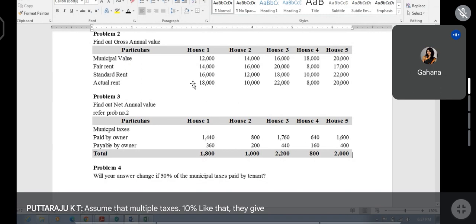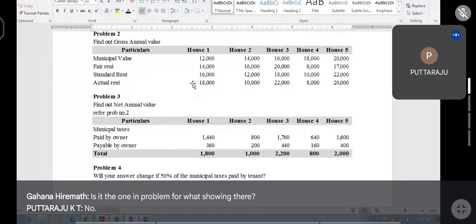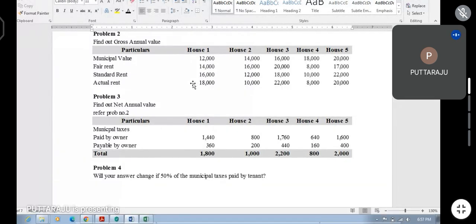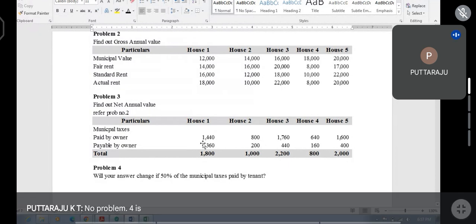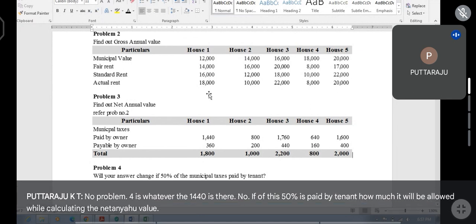So is it the one in problem 4 that's showing that? No. Problem 4 is whatever the 1,440 is there, no? If 50% of this is paid by tenant, how much will be allowed while calculating the net annual value? Paid by owner is there, no?